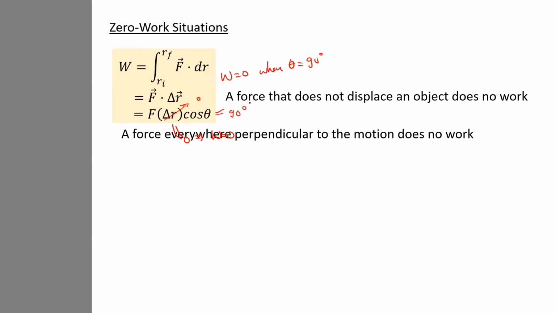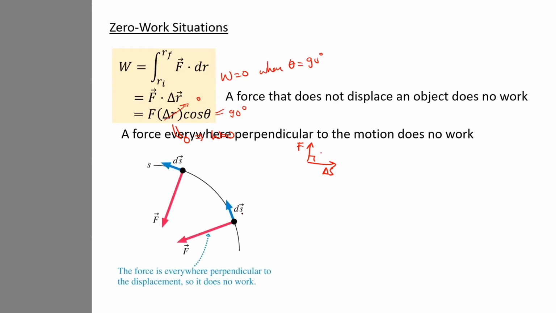That's a trivial case. But if that force does not displace an object, if the displacement is 0, no work. Even though there is a displacement, if the displacement is happening this way and the force applied is that way, in this case also there is no work because the cosine term will take care of that. Okay, so this is the zero work situation. So, for example, a circular motion.